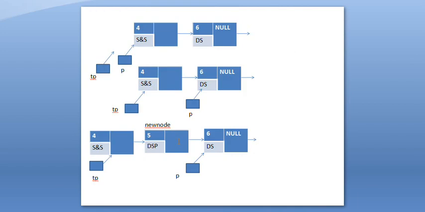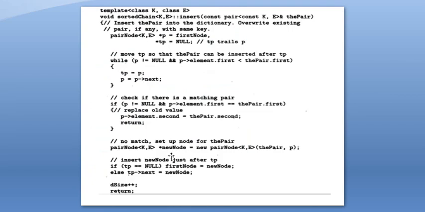creating a node. Now what you do is, just forget about these two nodes, you create a new node, this is your new node, and the information that you are going to be inserting should be put in these two fields. So we will write create a node with two arguments, the pair and p. The pair itself has two arguments.